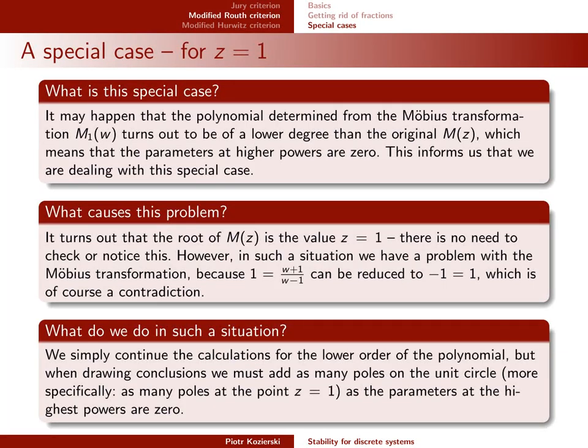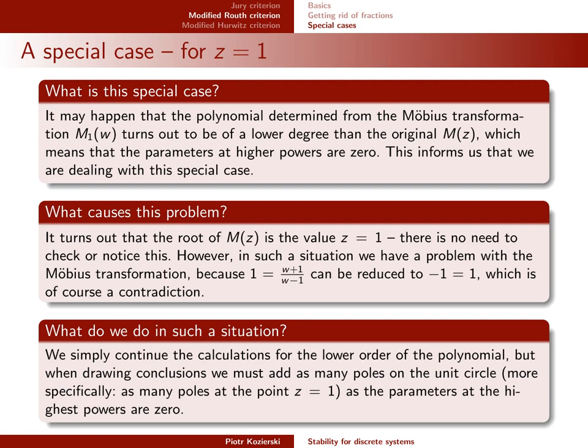But there may be one more special case in the modified Routh criterion. Typically, we will receive a polynomial that will have the same degree as the order of the system, and we will obtain information about exactly this number of poles. However, it may happen that the polynomial dependent on the variable w will be of lower degree than it should be.